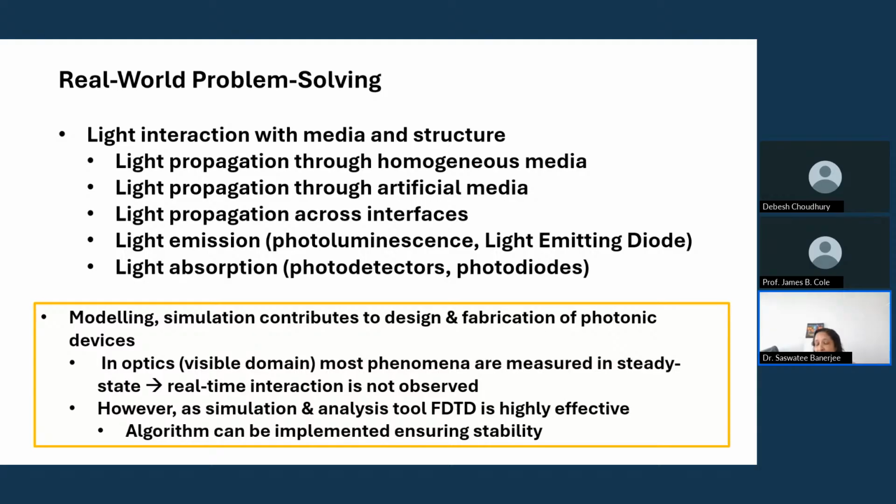There are a lot of little details, but it can still be more stable and easier than, for example, the finite element methods. So that's one reason why it became very important in this domain.